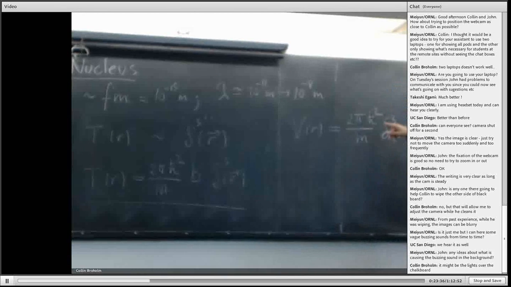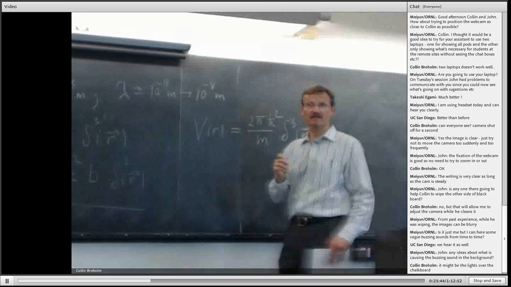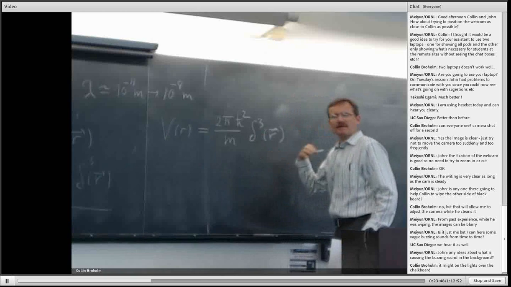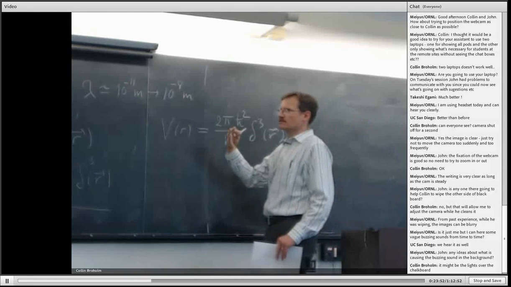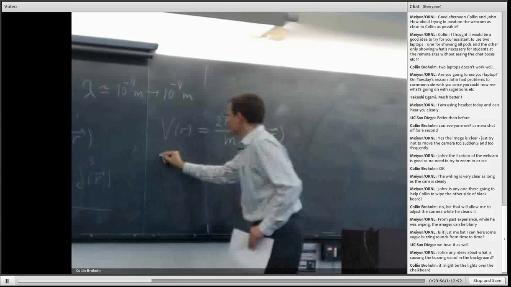This potential works, if you will, if I treat it within the first Born approximation. So it's a little bit of a trick, but it works very well. We're going to treat the nucleus as if it simply has this type of potential, but it's understood that we should be using that potential for scattering calculations when we're working within the first Born approximation. So this is called the Fermi pseudo potential.